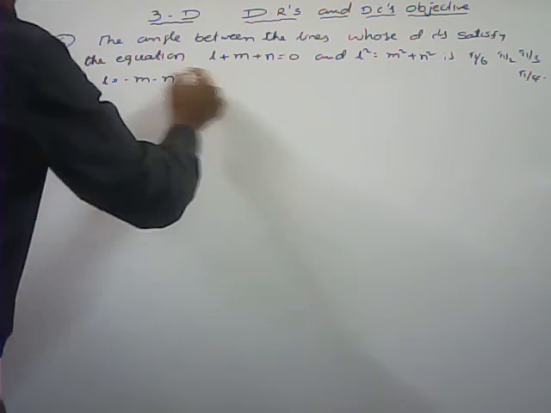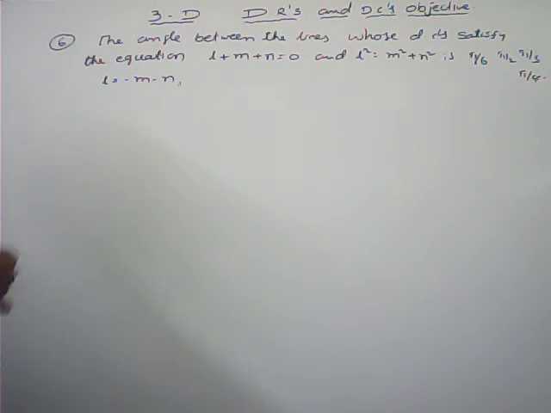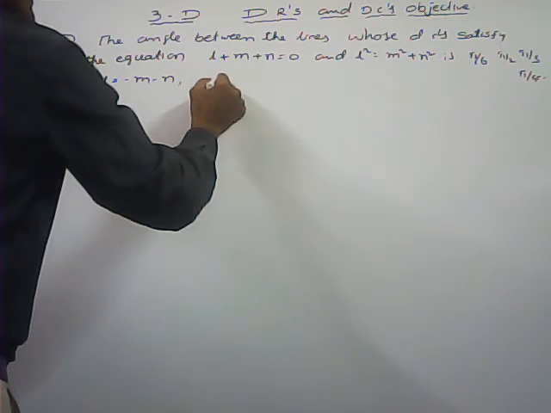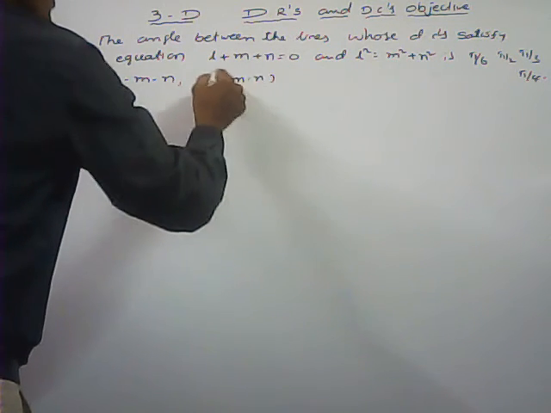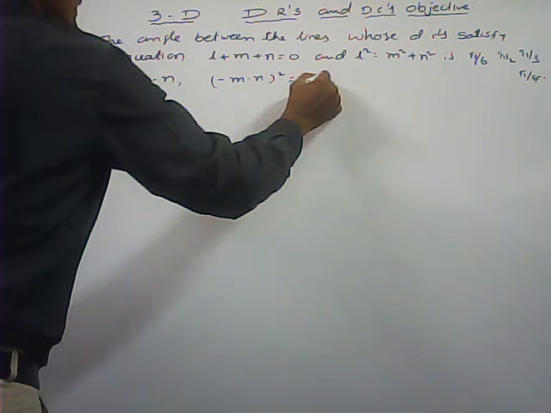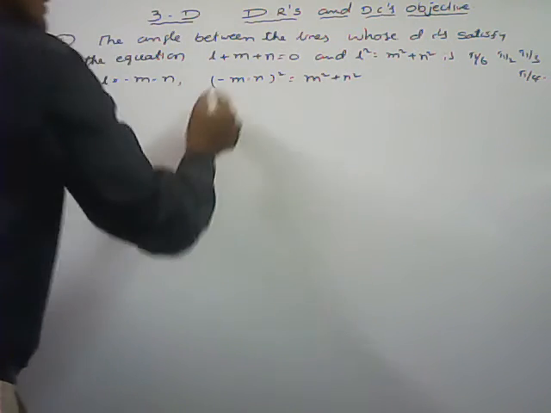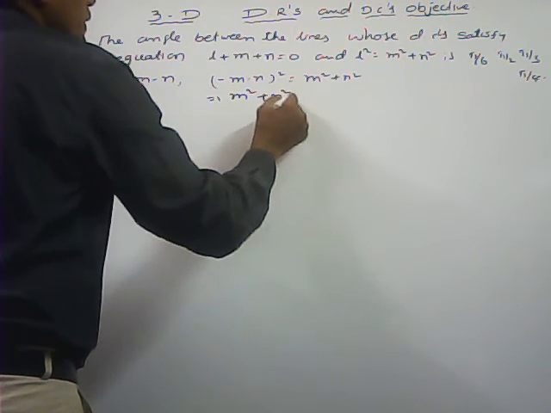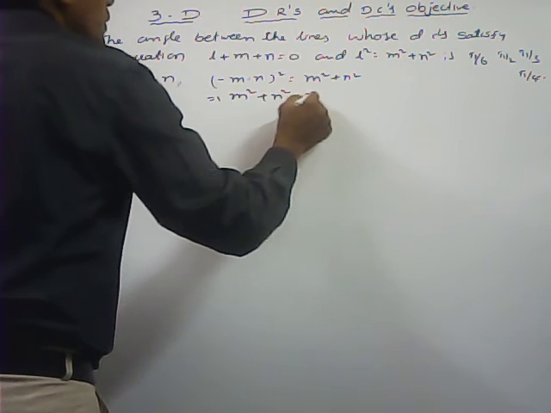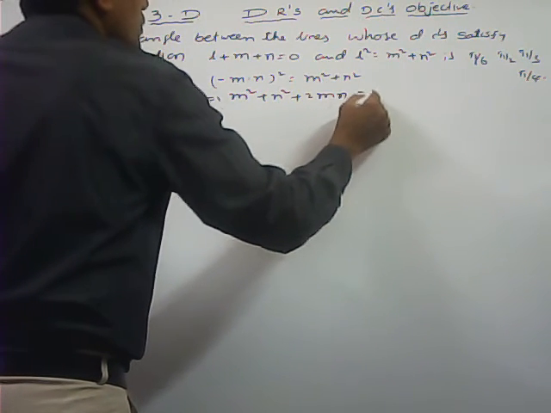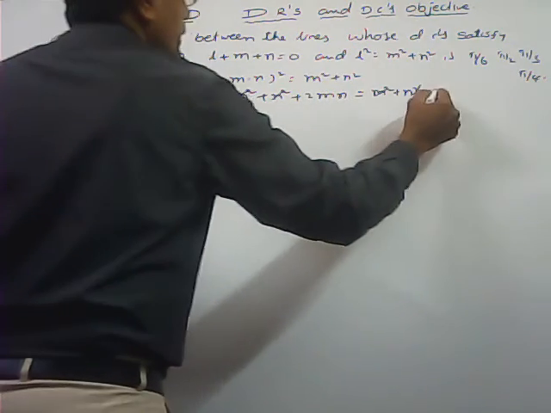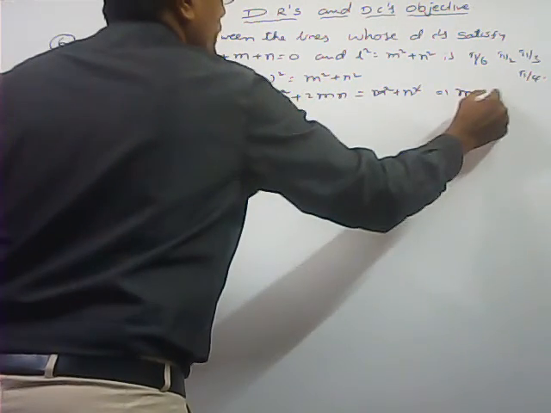So in the place of L, which I made the subject, I am substituting minus M minus N whole square, that is equal to M square plus N square. Here, if I expand this, it is (A plus B) whole square only: M square plus N square plus 2MN is equal to M square plus N square. These two get cancelled, and here we get M into N is equal to 0.